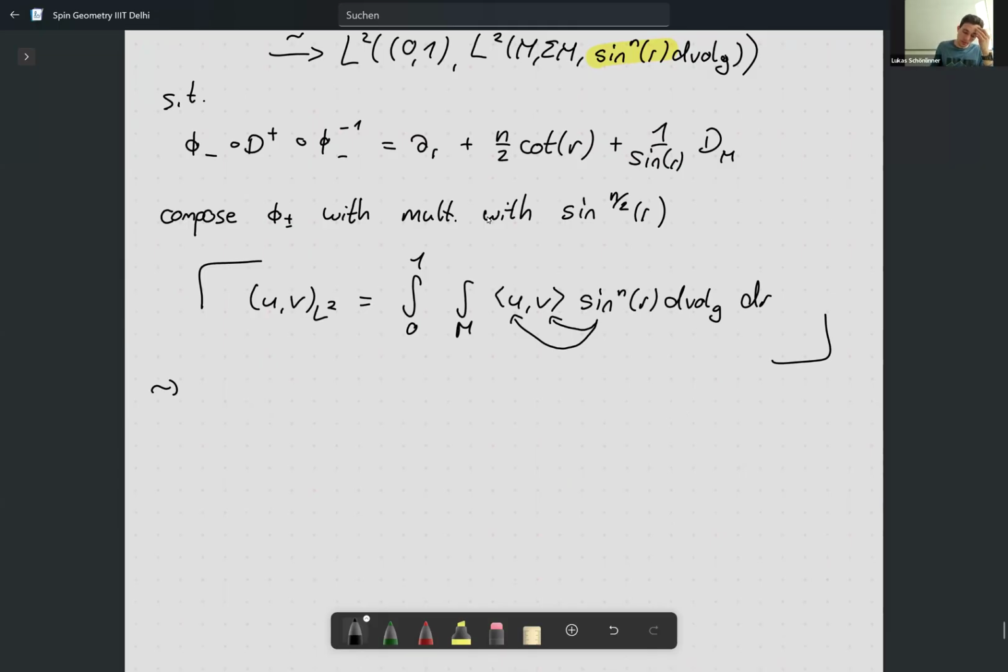Then we get isometries L2 sigma plus minus as G. I will call this phi plus minus tilde.